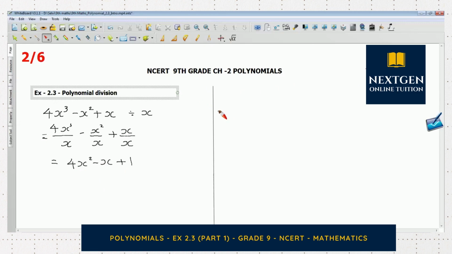So again we have to take the two cases, one without remainder and the other with remainder. What would happen if my polynomial division got a remainder term? Let's see. 3x square plus x plus 1 divided by x. So here I have a constant, that is a constant number.